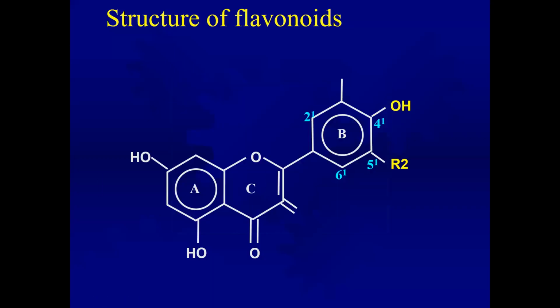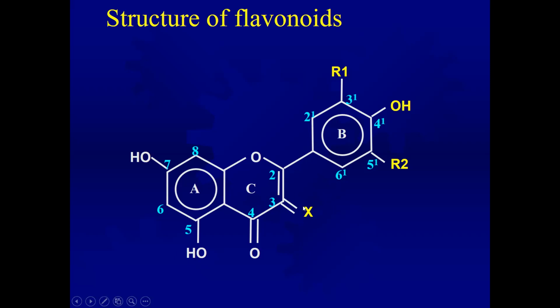Structure of flavonoids, here you can see how there are changes. For example, I told you this carbon is 2, and 3, 4, 5, 6, 7, 8, and then here 1 prime, 2 prime, 3 prime, 4 prime, 5 prime, 6 prime. So here hydroxylation is common, but it can be methoxylated, or other structural changes can happen here.